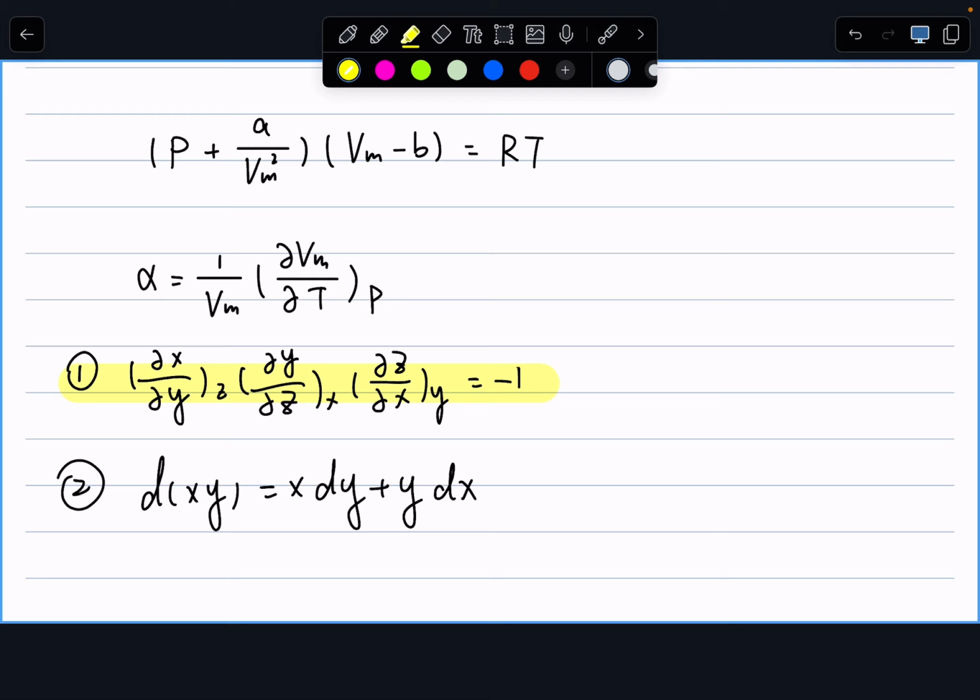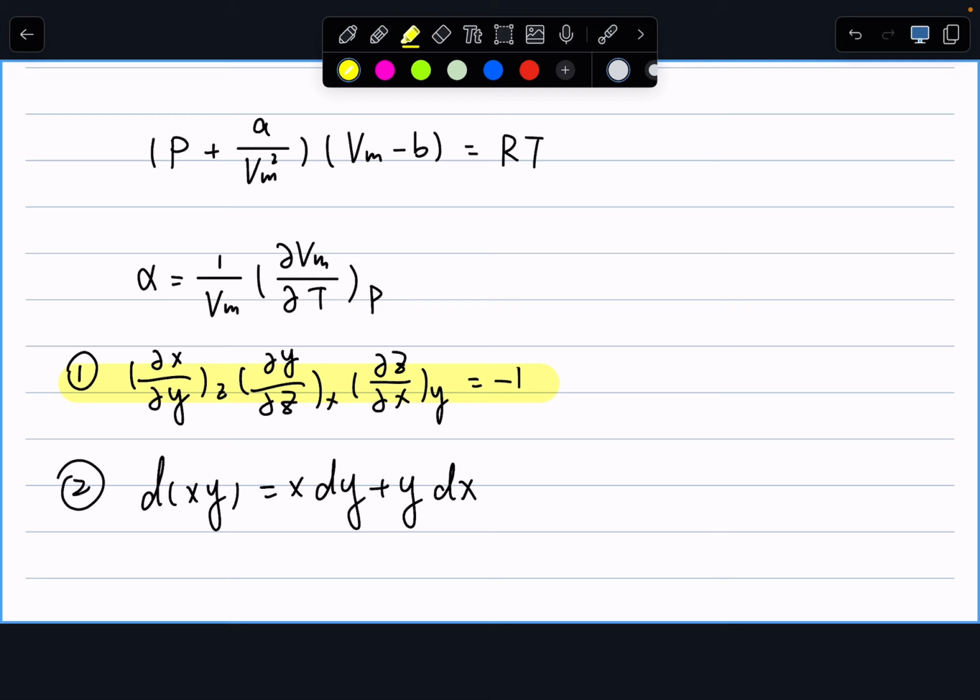So we have the partial derivative of molar volume over T at constant P, times dT over dP at constant Vm, times dP over dVm at constant T, and this equals -1. And people in the back can see it? Okay, sounds good.